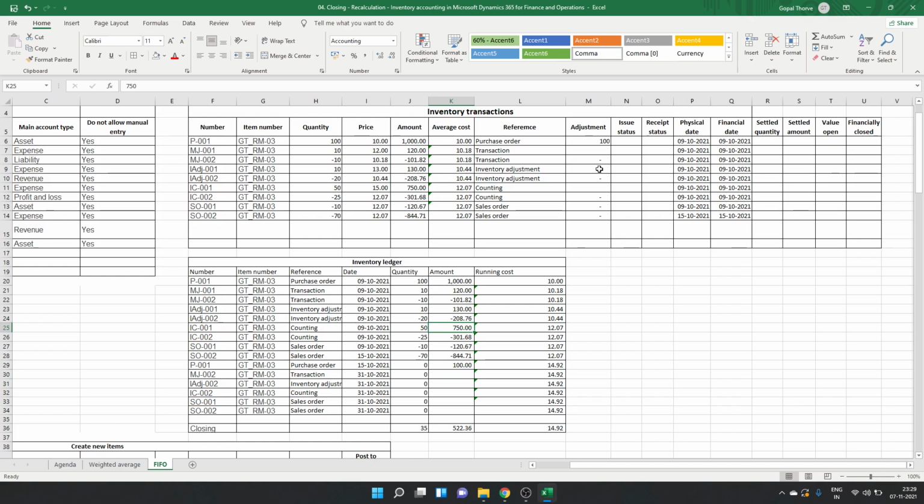Here in adjustment, what will happen? In the first issue transaction MJ002, my amount will be equal to this quantity into the first inward transaction amount plus this 100, divided by the inward quantity.